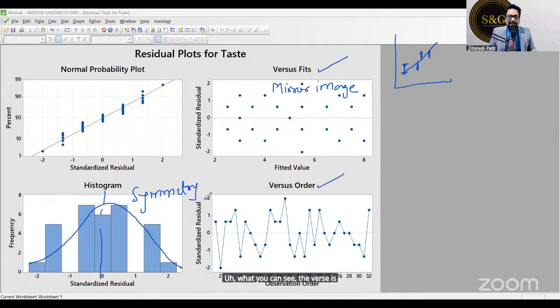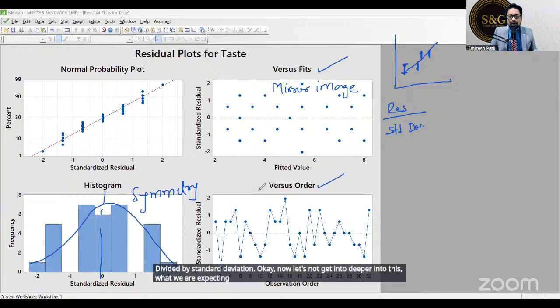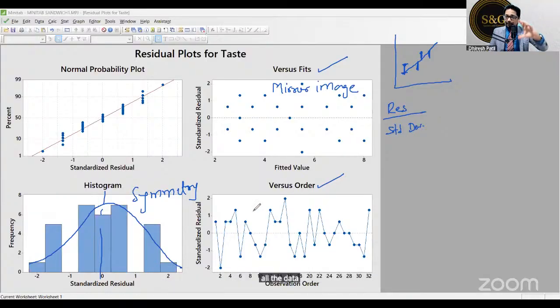What is this? See, standardized residual is what? Standardized residual is the residual divided by the standard deviation. Okay. Now let's not get deeper into this. What we are expecting is all the data points within plus and minus 3 standard deviations. Right now it is within plus and minus 2 standard deviations, so this is very good.